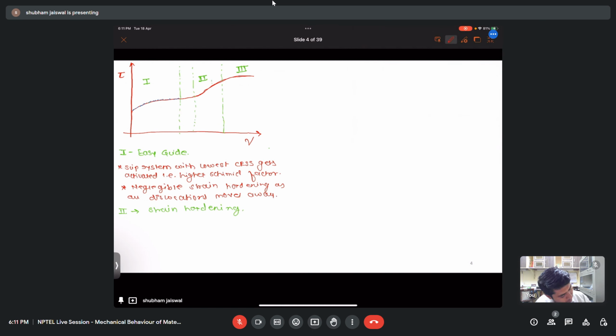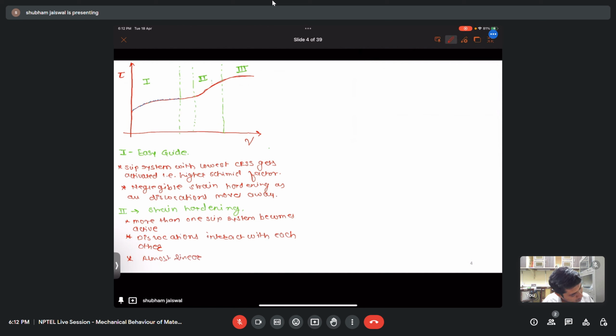In this, more than one slip system becomes active and dislocations interact with each other, and almost linear strain hardening is observed. Okay.